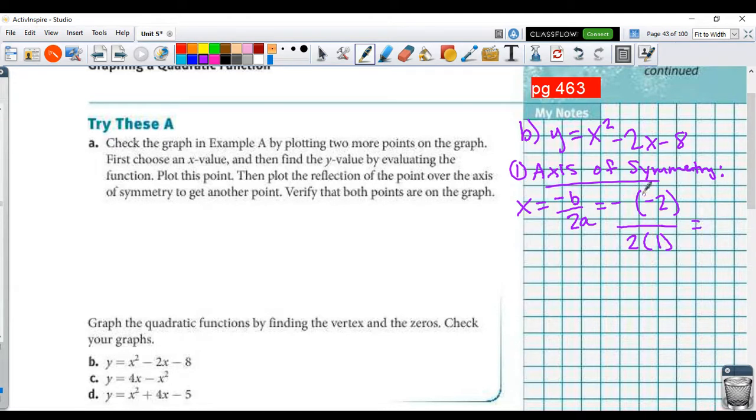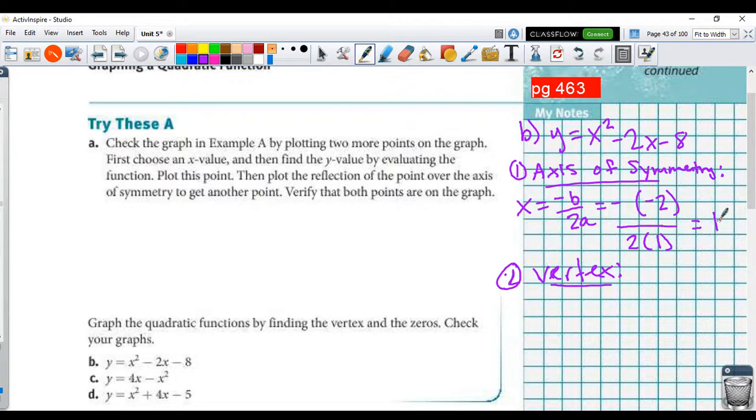So we get positive 2 over positive 2, which gives us 1. So our axis of symmetry is at 1, so that also gives us the x value of our vertex.